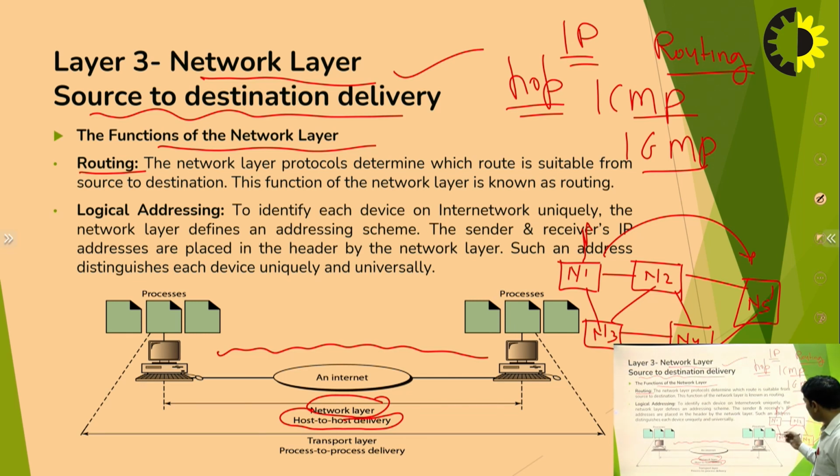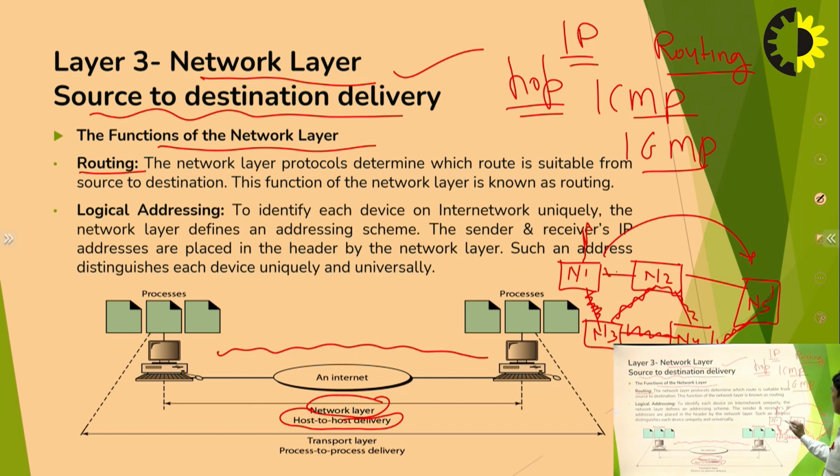So there are a number of paths that may be used by N1 to deliver the packet to N5. Here you can see this is a path that comes from N1 and ends at N5. Another path may be from N1 to N3, then N2, then N4, and then N5.